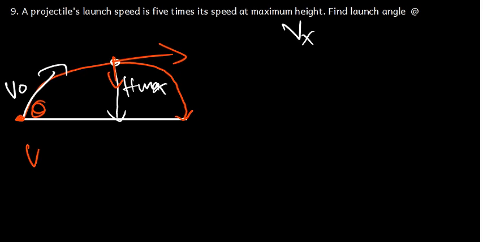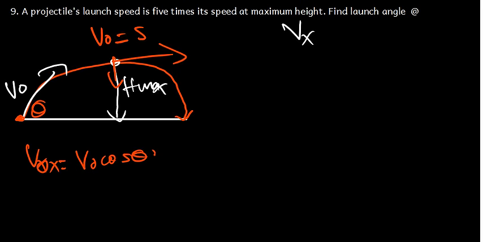They are saying the initial velocity is 5 times the velocity at maximum height, so v initial is going to be 5 times v initial cos theta.